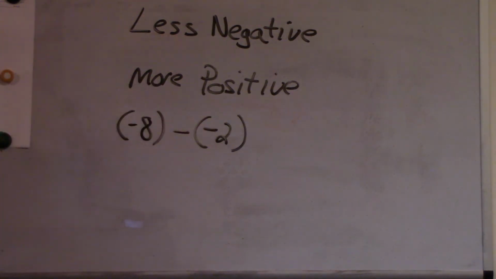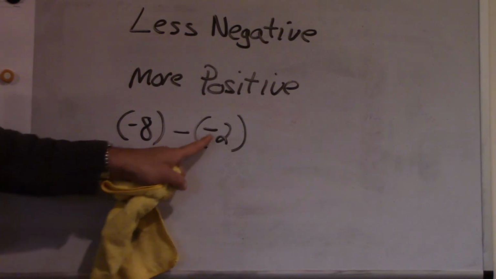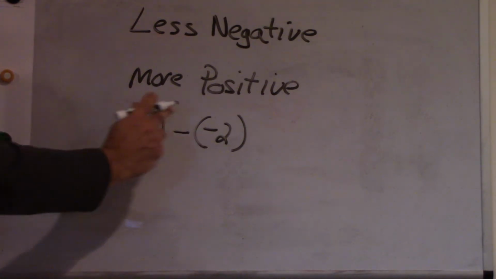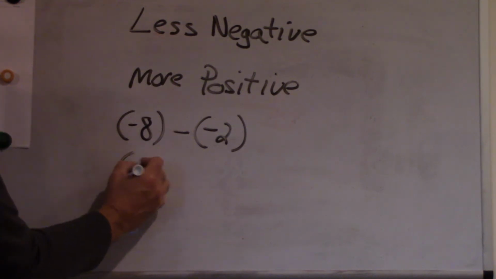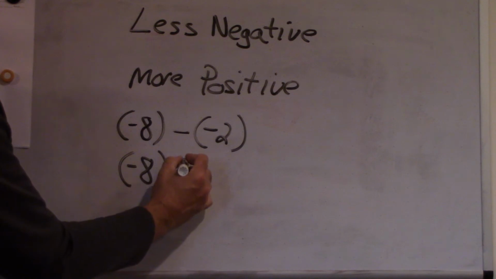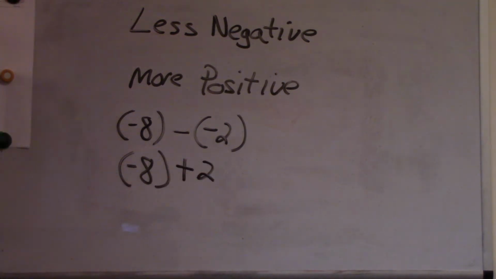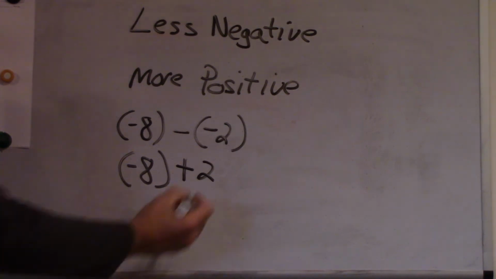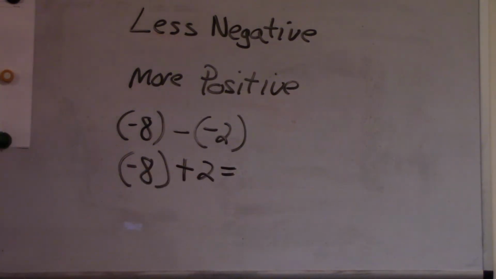Minus a negative, so it's less negative. Okay, less negative is the same thing as more positive. So I'll rewrite it. Negative 8. Less negative means more positive, so we're just going to go plus 2. Okay? Now, negative 8 and a positive 2. They're opposites. They're different. One's negative, one's positive.